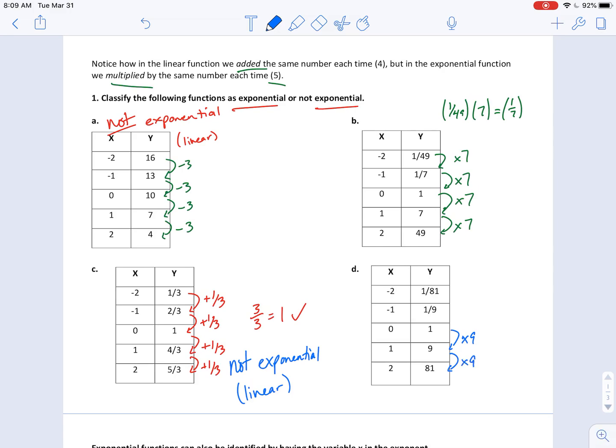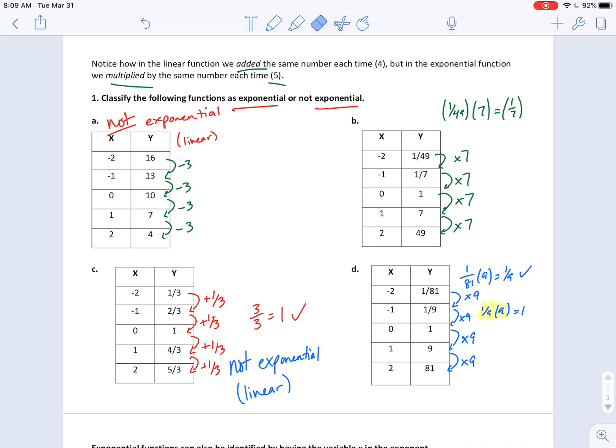And here, let me start in the middle. Maybe I'm not sure about that. 1 times 9 gets me 9. 9 times 9 gets me 81. And I could try this in my calculator. That seems to work for here. And I'll check the very last one. 1/9 times 9 does get me 1.